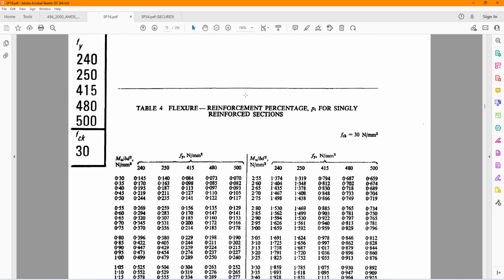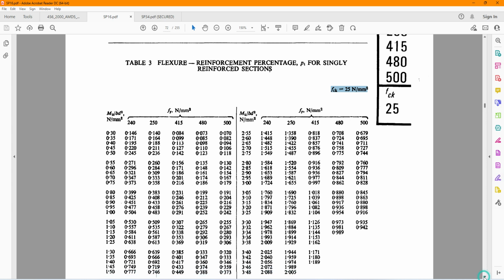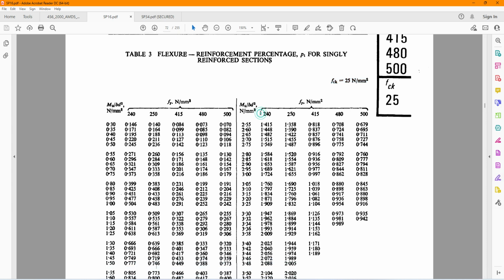So table 3, yes, table 3. First you read the heading: Flexure reinforcement percentage PT for singly reinforced sections. Here your grade of concrete is M25. So you have various grades of steel: 240, 250, 415, 480 and 500.